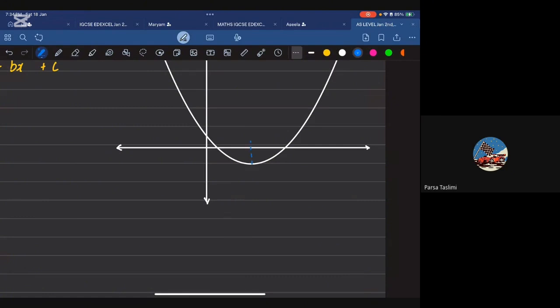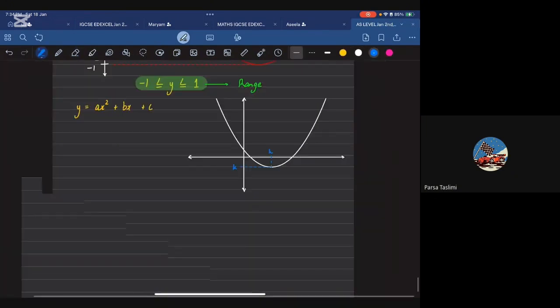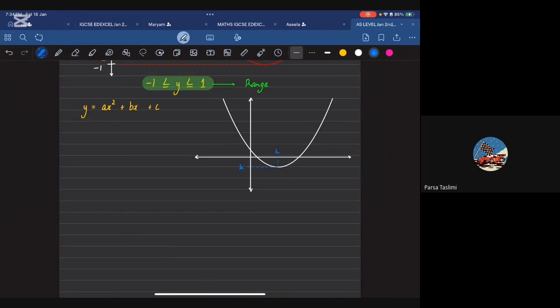So the turning point is around here somewhere. And right here. Clear? And the turning point is (h, k). Okay? All right. Consider the given domains.